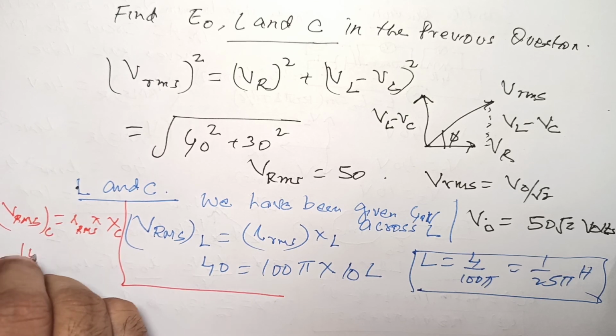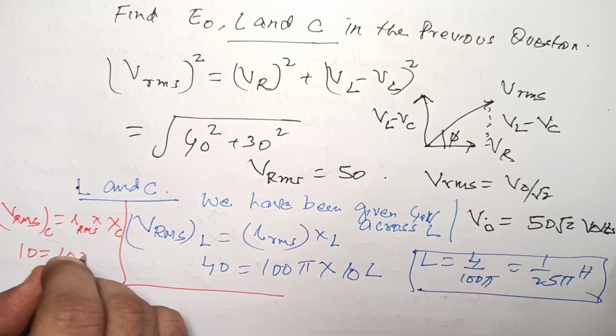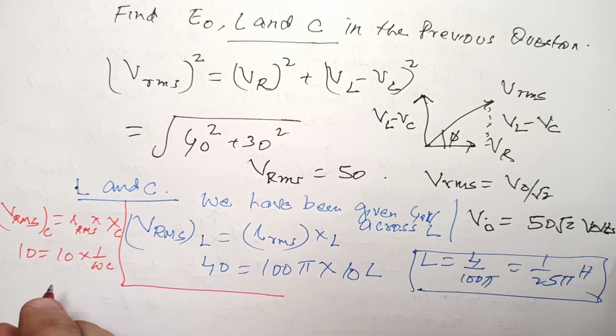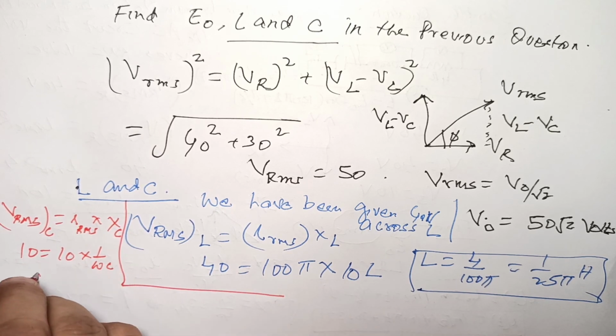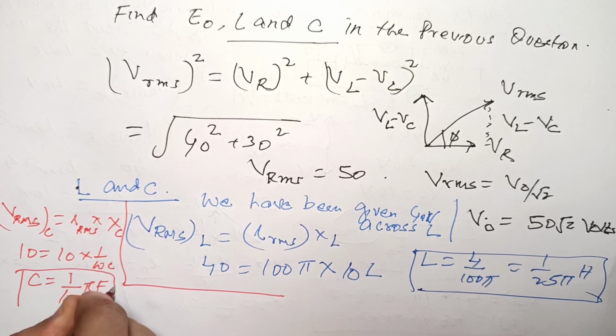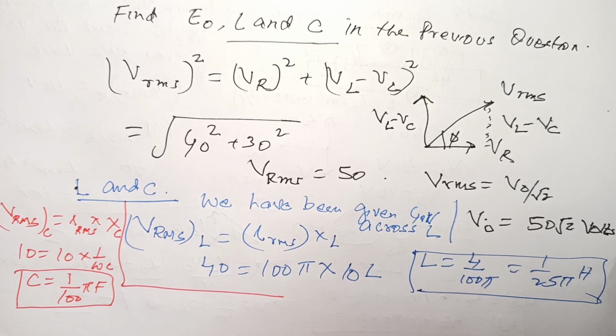So 10 is equal to 10 into 1 by omega C, because we know XC is 1 by omega C. So we can find C is equal to 1 by 100 pi farads. This solves this question, and with this we are closing this lecture. We will continue in the next lecture.